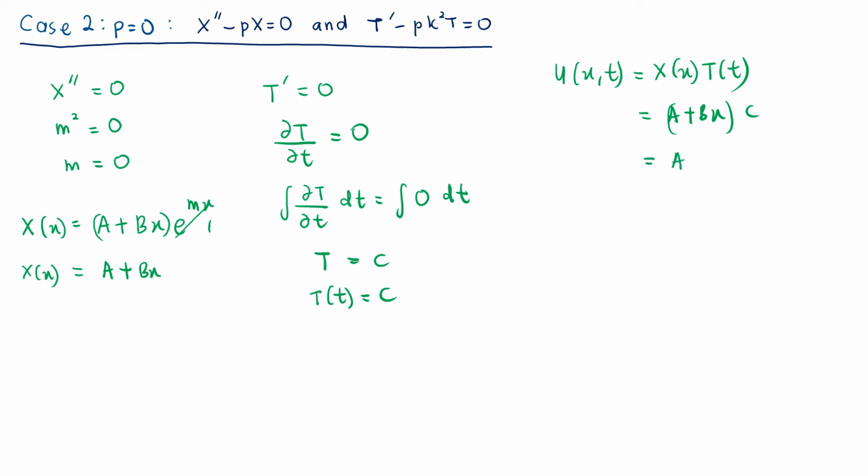So if we multiply this, we get ac plus bcx, or we can represent it as d plus ex, where d is equal to ac and e is equal to bc.